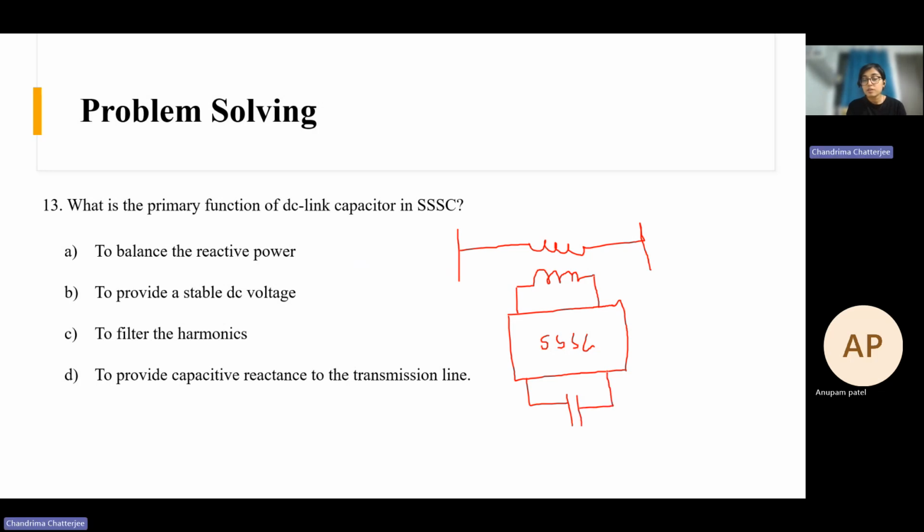What is the purpose of this capacitor, DC link capacitor? To balance the reactive power, to provide stable DC voltage, to filter harmonics, or to provide capacitive reactance to the transmission line. So the role of this capacitor is to provide a stable DC voltage. Okay.